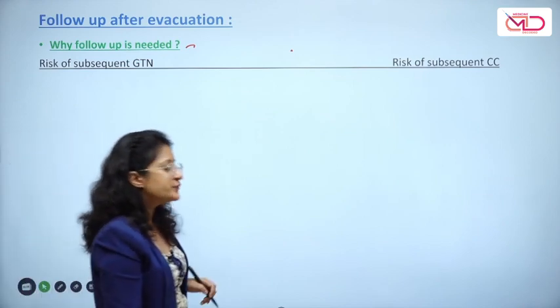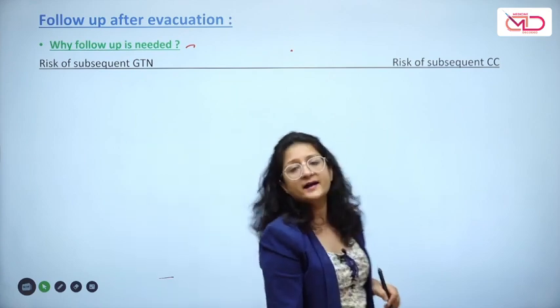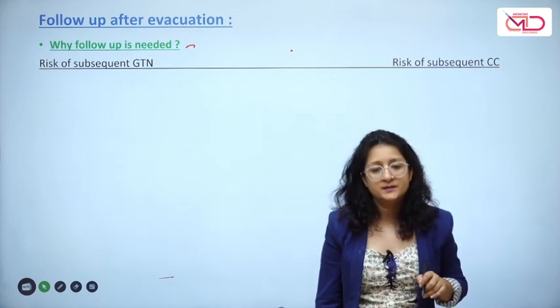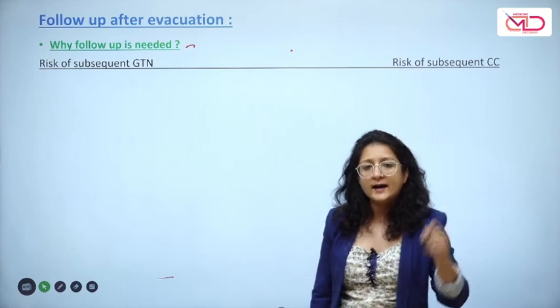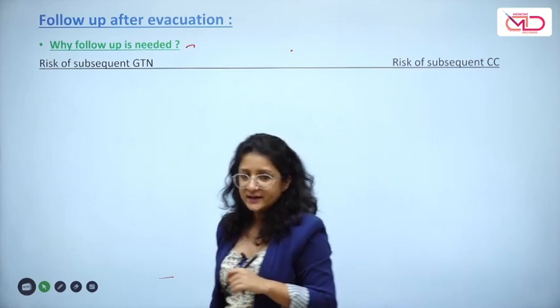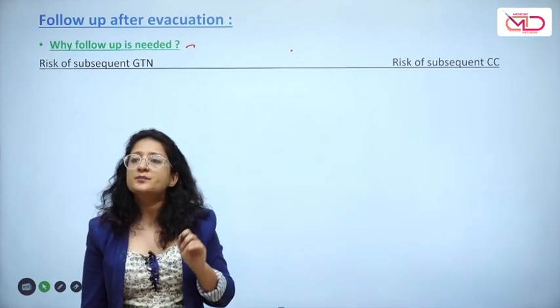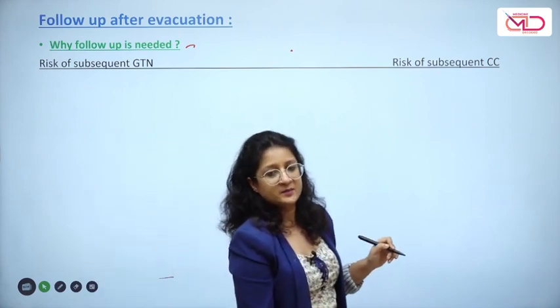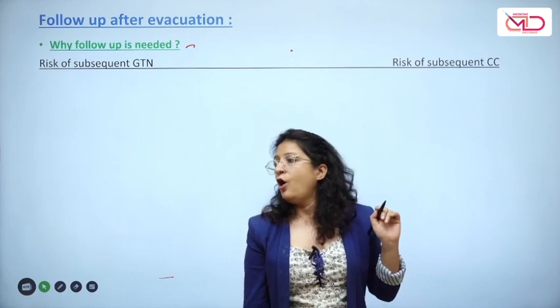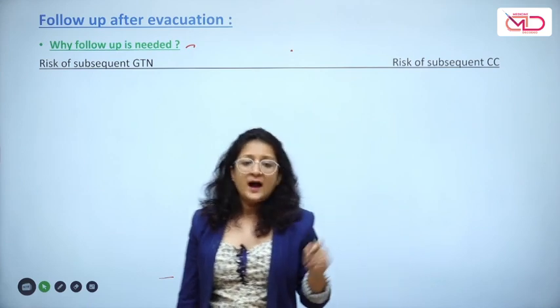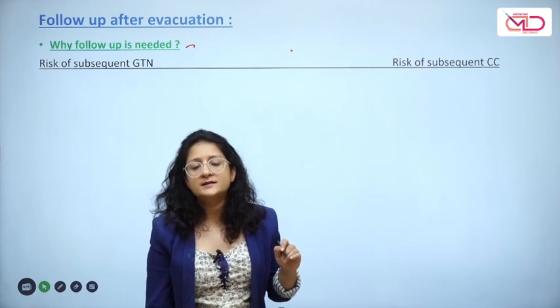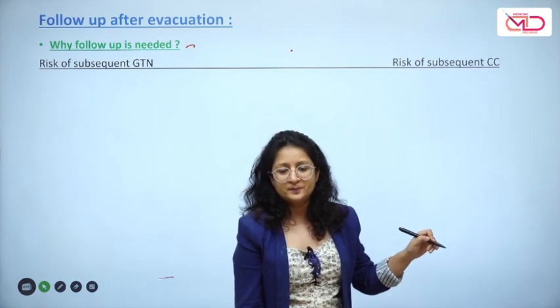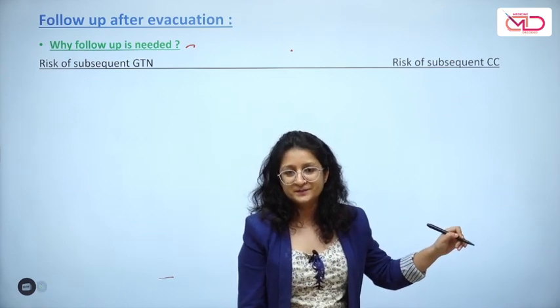GTN, gestational trophoblastic neoplasia, can arise after any pregnancy event, but most commonly arises after a molar pregnancy event. It is absolutely unrealistic to follow each and every pregnancy, be it abortion, ectopic, or a full-term pregnancy, with a beta HCG, isn't it?